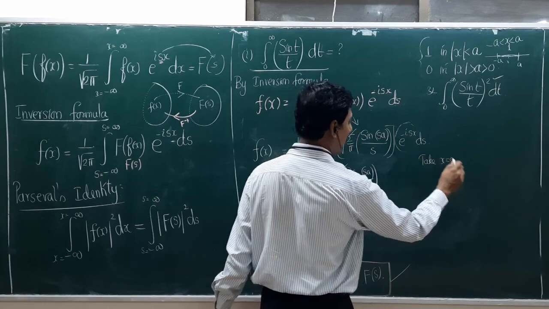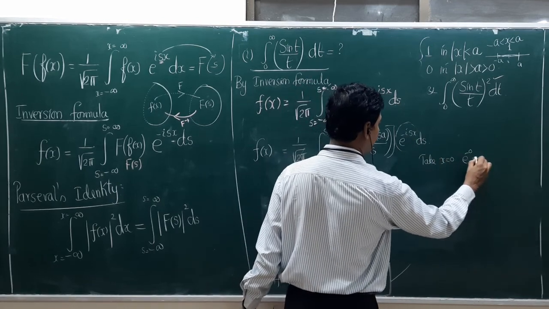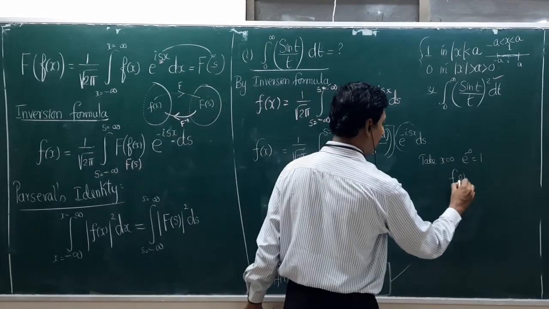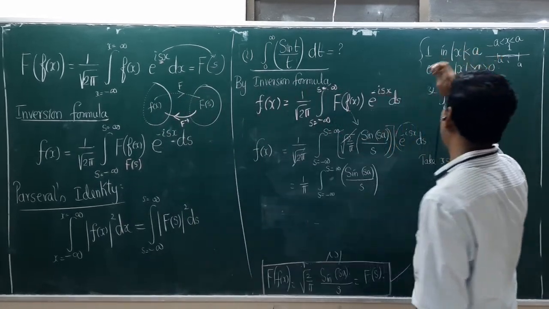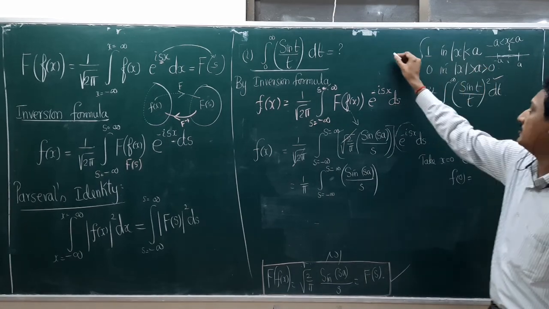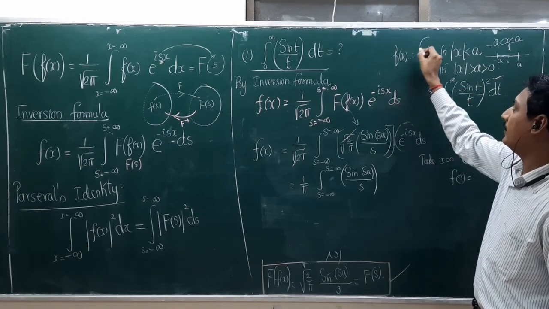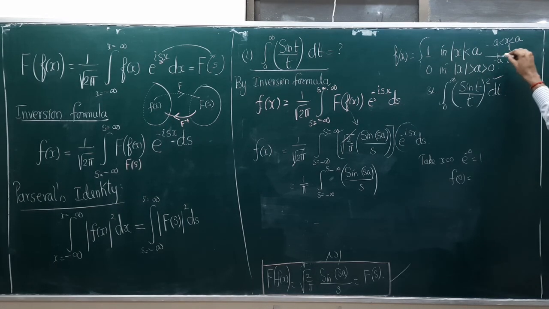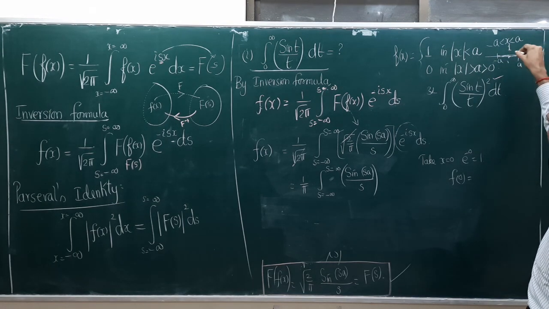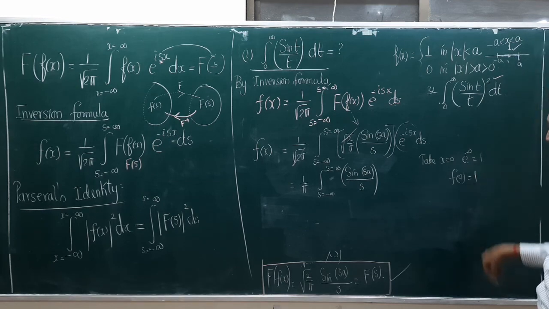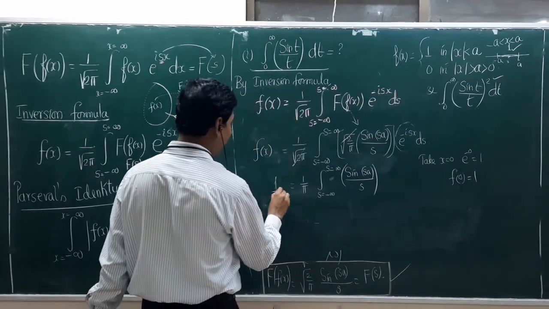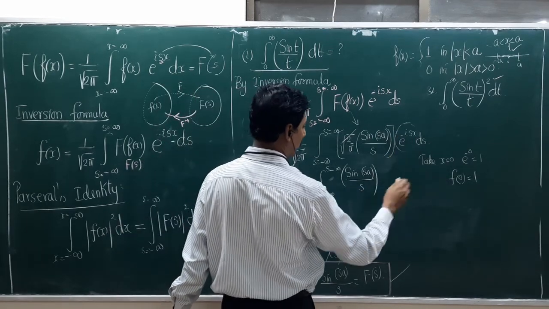If x is equal to 0, e to the power minus 0 becomes 1. What about the left hand side? f of 0. The given input is f of x equal to 1 in the interval minus a to plus a, and 0 lies between minus a and plus a, so f of 0 is also 1. So when I substitute x equal to 0, the left hand side is 1 and e power minus 0 is also 1, so it is ds.